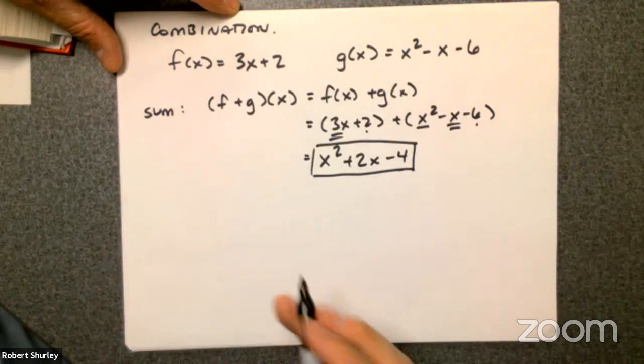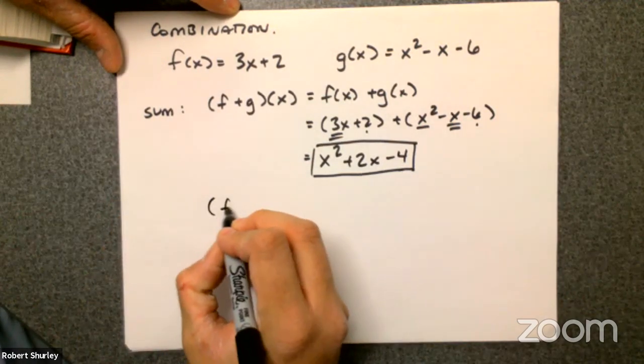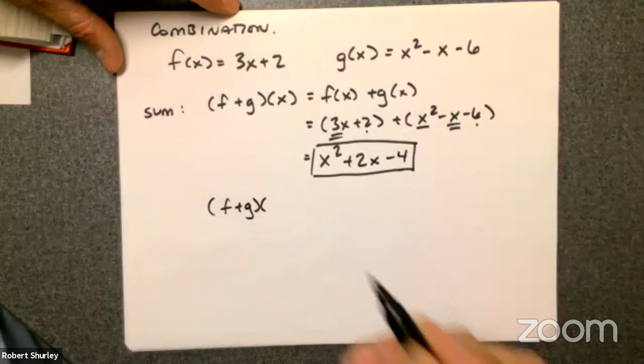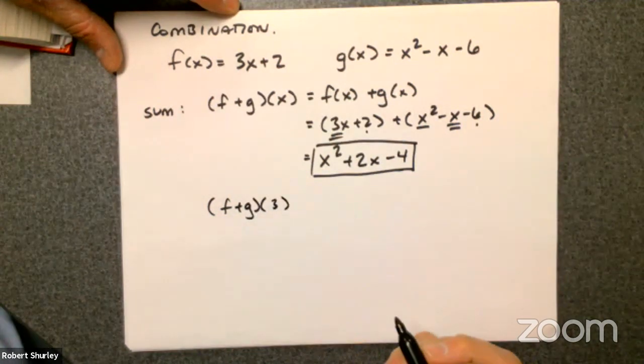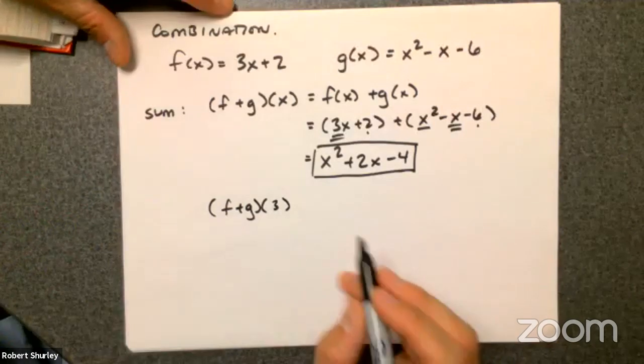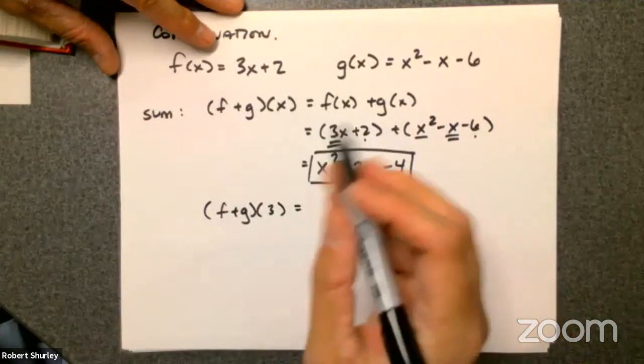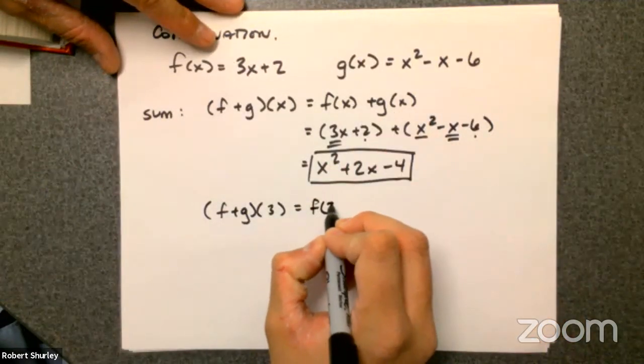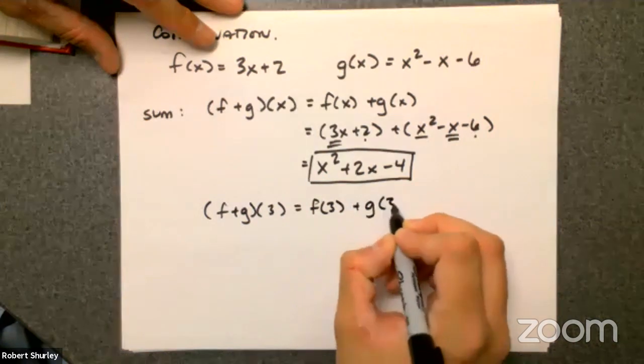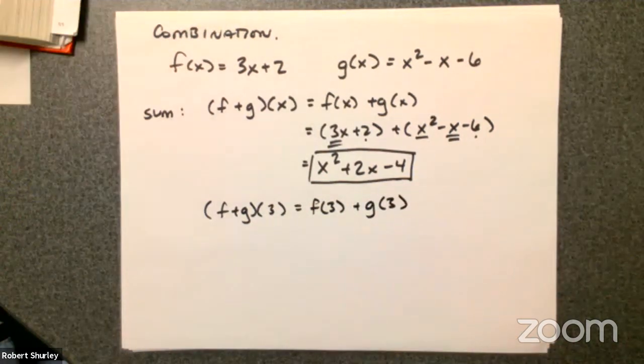So if we stick with sum, and let's say we had f plus g of 3, okay? And we wanted to know what f plus g of 3 is. Well, really, that's just f of 3 plus g of 3, okay? You put 3 into both of those functions.